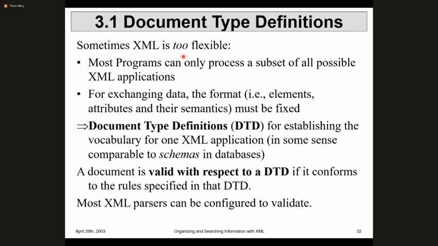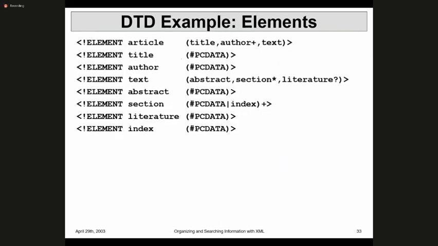In that case, we need to define a DTD, and we have to set up an XML parser to validate against this DTD. So this is an example of a document type definition. This XML is flexible, but this DTD ensures that the flexible XML document has some sort of a standard. Understood?